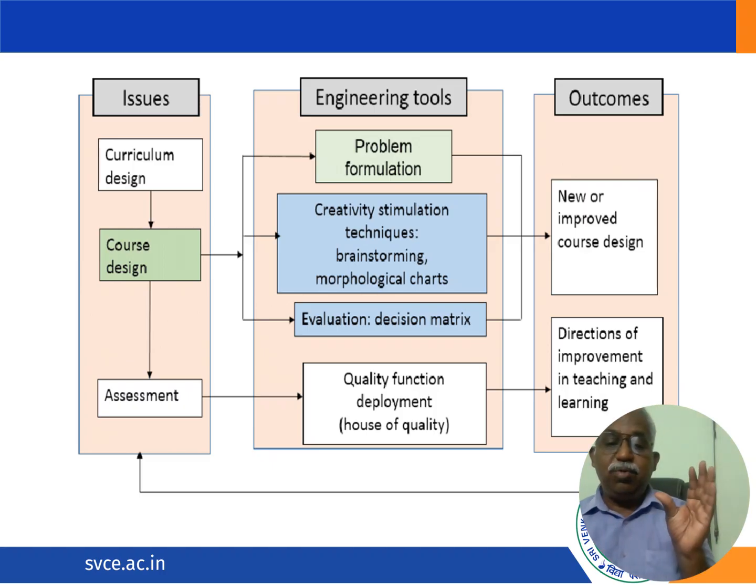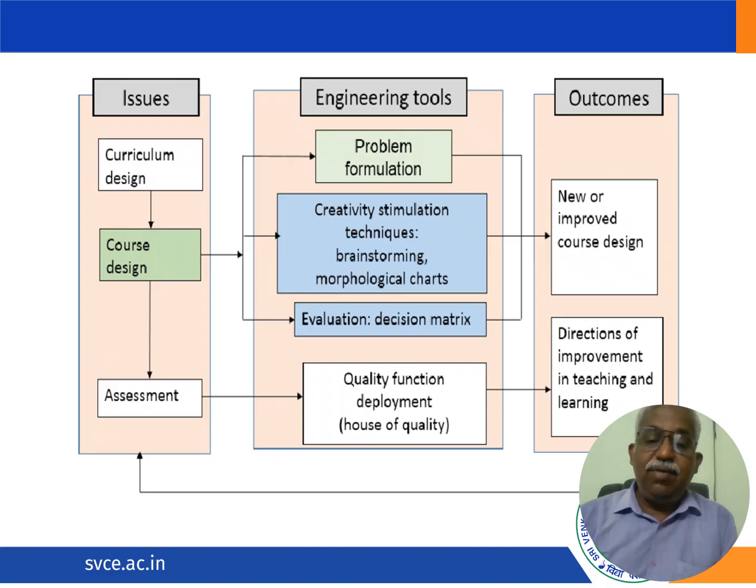Based on the curriculum, we design the course. Then we have an assessment. The curriculum is designed based on stakeholder feedback. Initially, we have a title and subject course code.